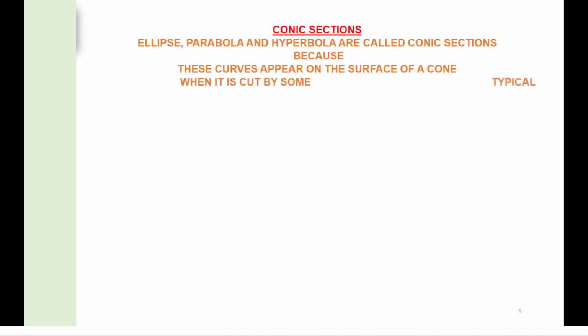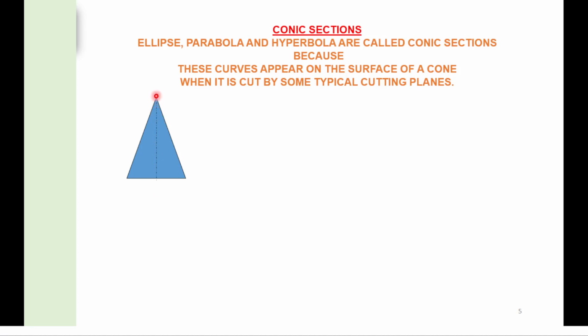The ellipse, parabola and hyperbola are called conic sections because these curves appear on the surface of a cone when it is cut by a typical cutting plane. We can treat this cutting plane as a sectional plane also, and this cone is a right circular cone. In this diagram, this triangle represents the right circular cone in front view, and this is the axis.